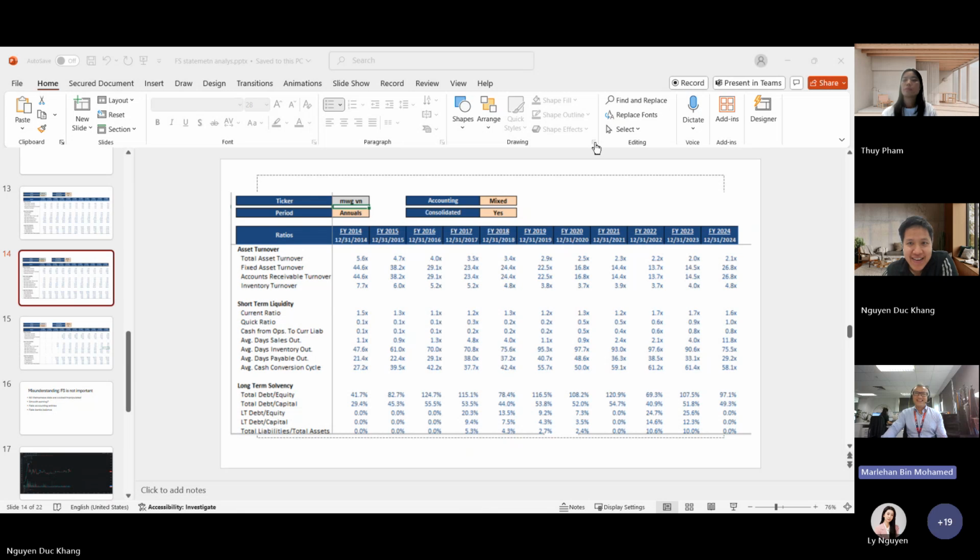Okay. Yes. I think if we look at MWG, you can see quite clearly that they have quite a lot of cash, but they always maintain a low quick ratio. Can you see my slide?